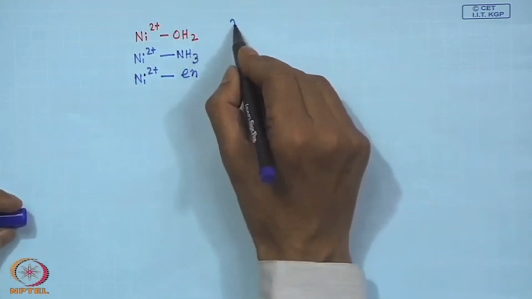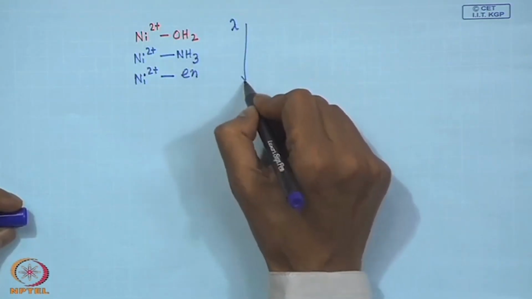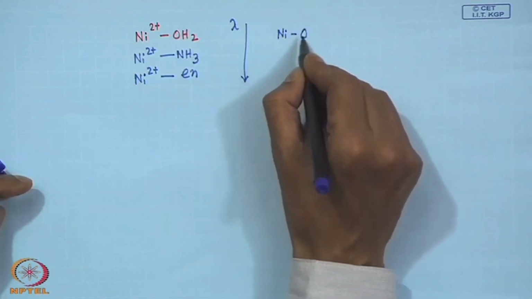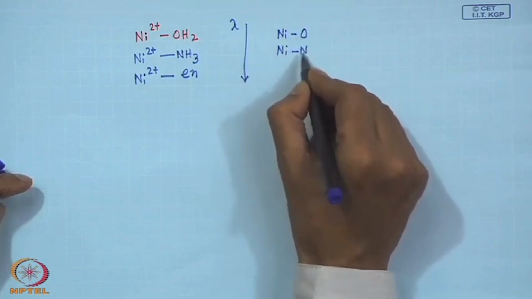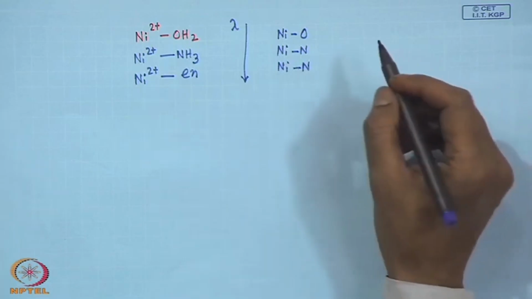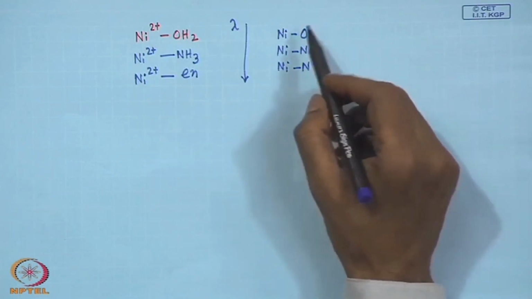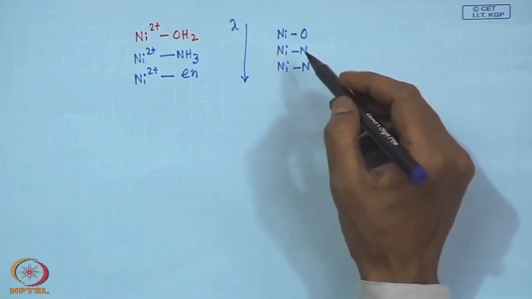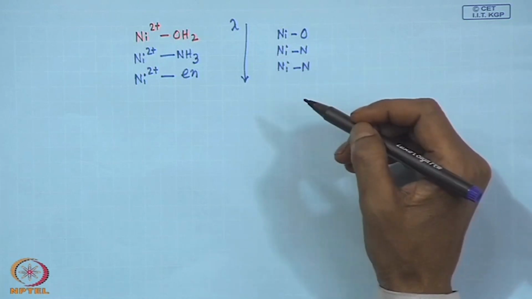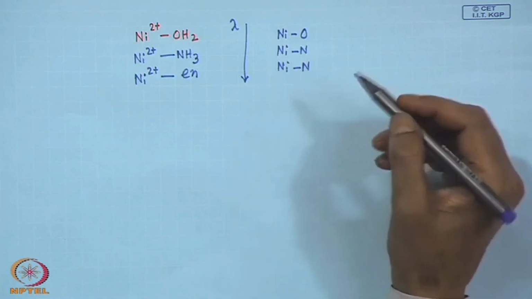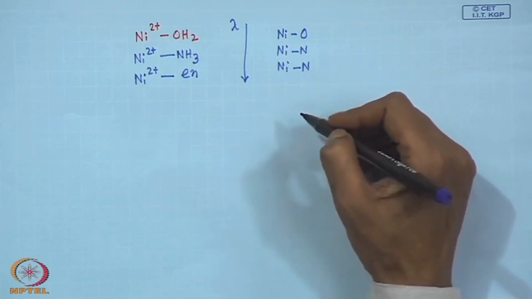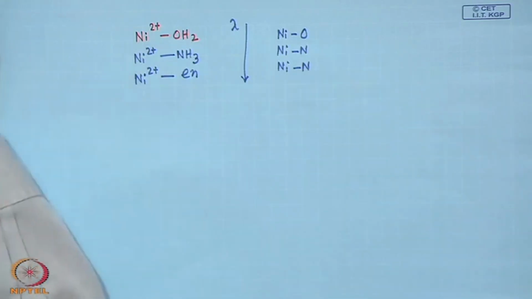So the color is changing from one solution to the other, and the interactions relate to the corresponding bonds, which are Ni-O, Ni-N and Ni-N. Depending upon the environment for the complex formation and the nature of the bond, how can we consider that when the octahedral complex is forming, the electronic transition can take place between E1 and E2, which gives rise to the color of this compound?